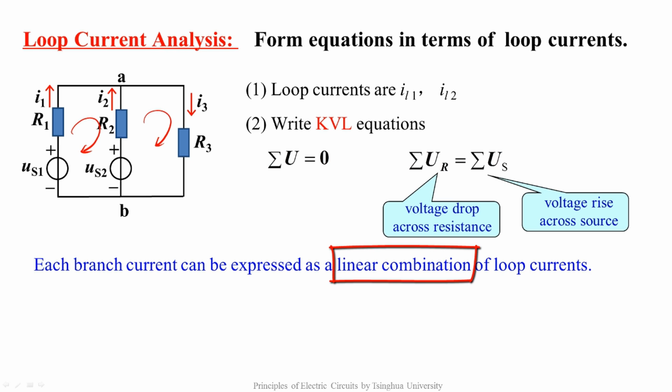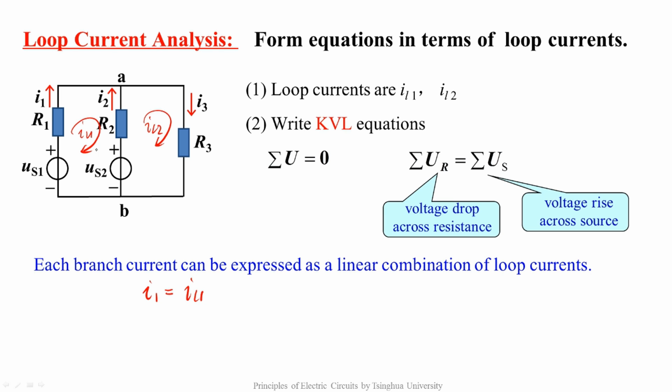For example, in the circuit, after determining the two loop currents IL1 and IL2, we can see there is only one loop current IL1 flowing through branch 1. So branch current I1 is equal to IL1. But for branch 2, both loop currents flow through it.